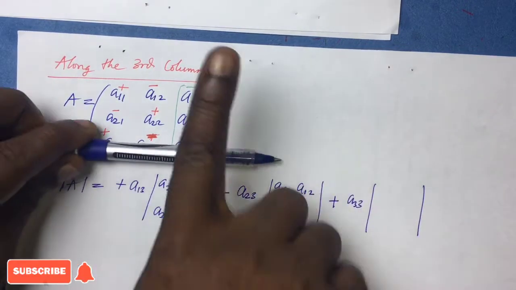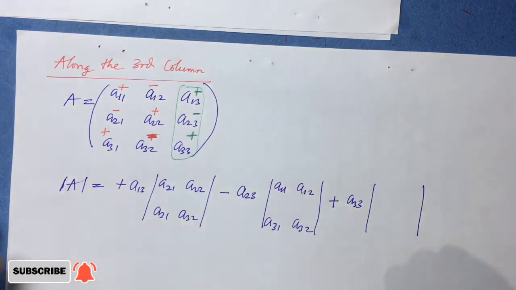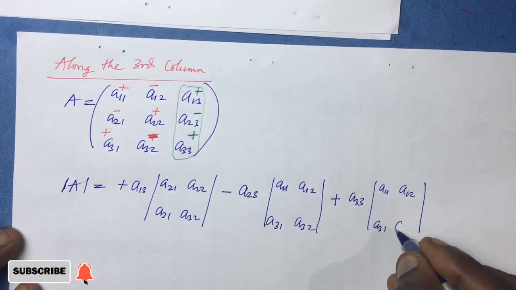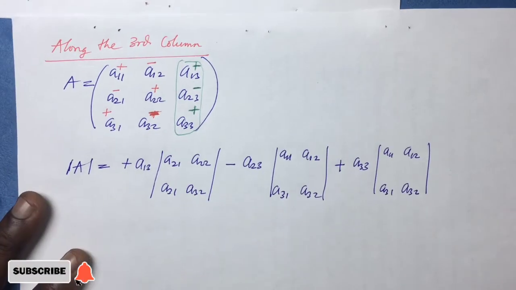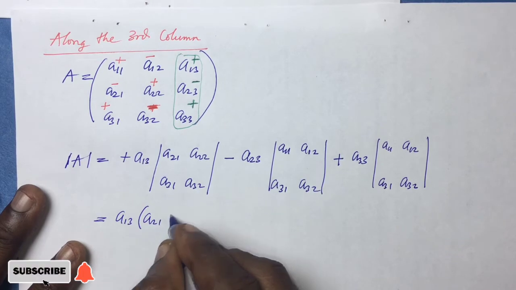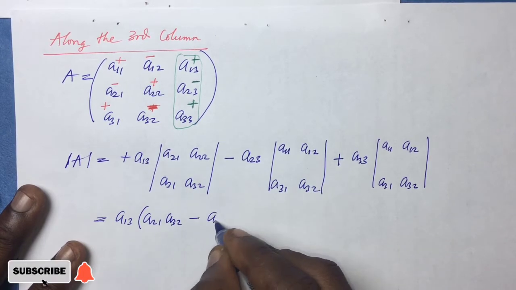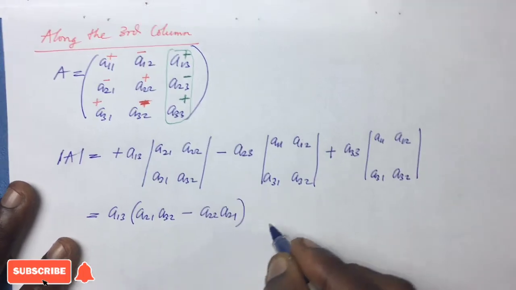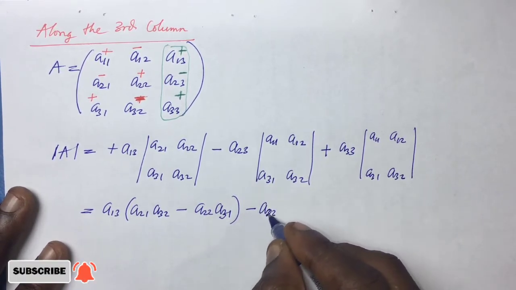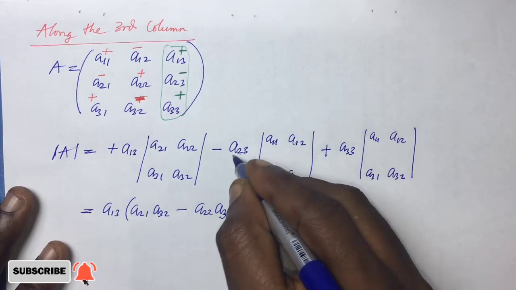Then if you take out the last one, it will give you A11, A12, A21, A22. Now if you simplify, that will give you A13 in bracket A21 A32 minus A22 A31, minus A23 outside the bracket, this one.